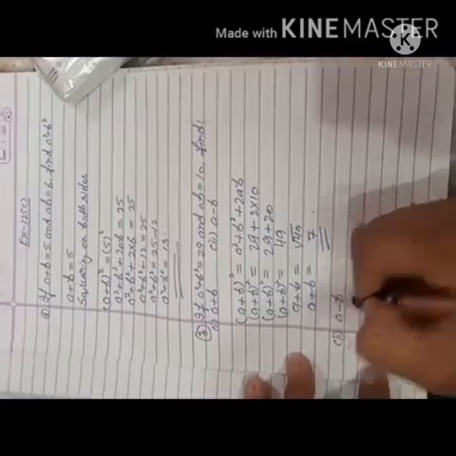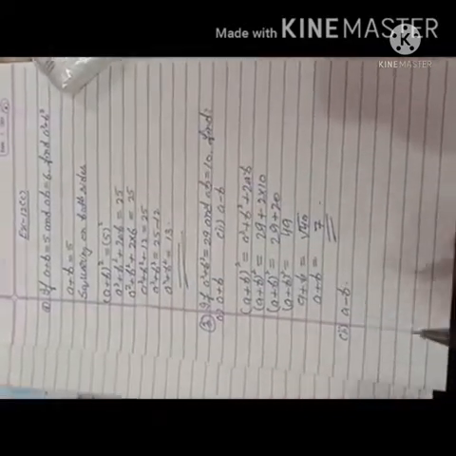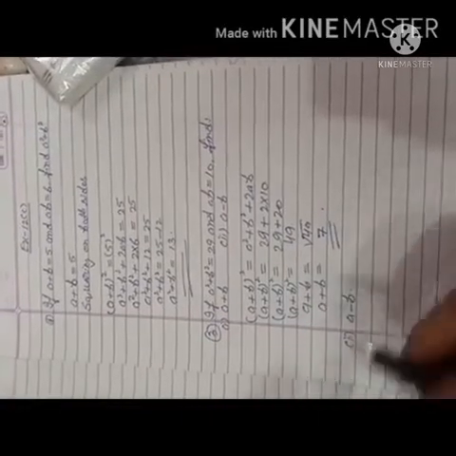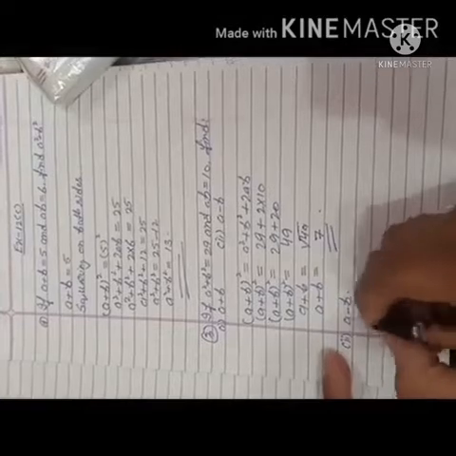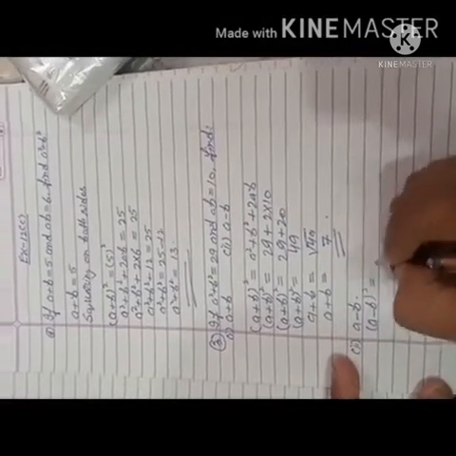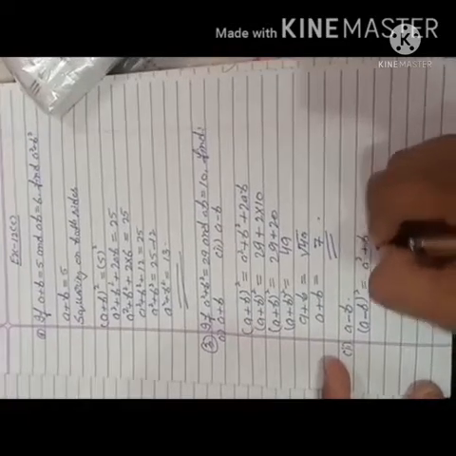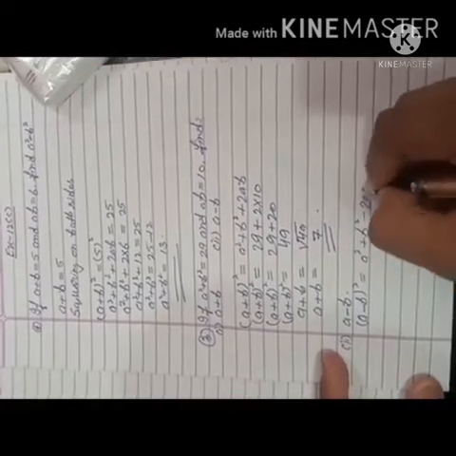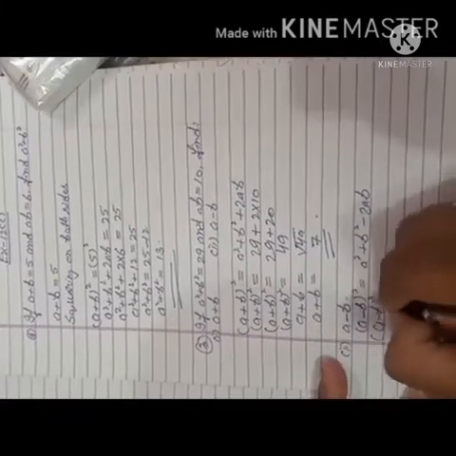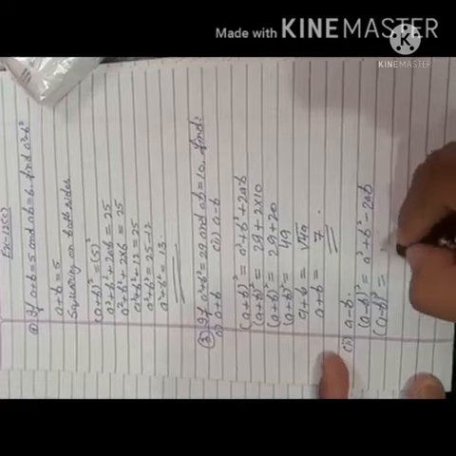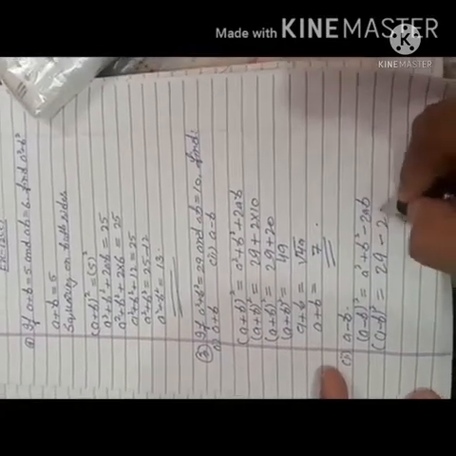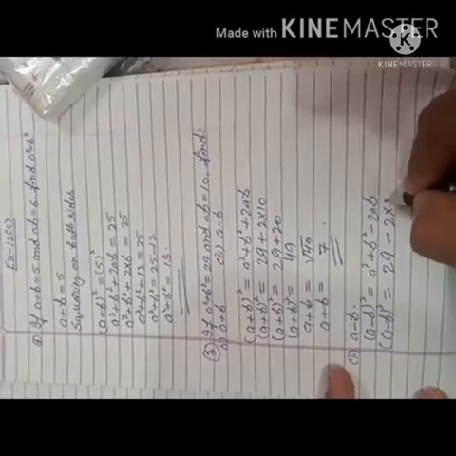See students, what is it asking? A minus b. Is there any formula of a minus b whole square? Yes, so that formula we will use. So a minus b whole square is equal to a square plus b square minus 2ab. We write a minus b whole square as it is. So a square plus b square is given, that is 29. Then minus 2 multiply ab, the value of ab is 10.